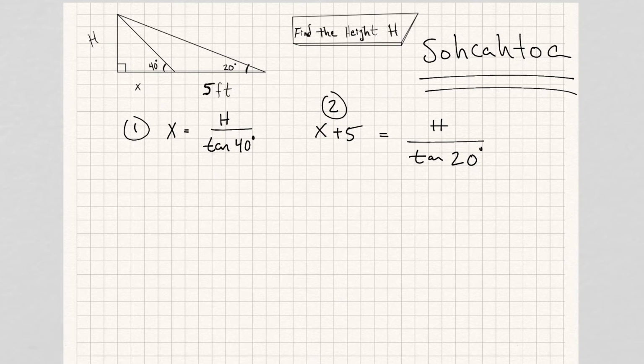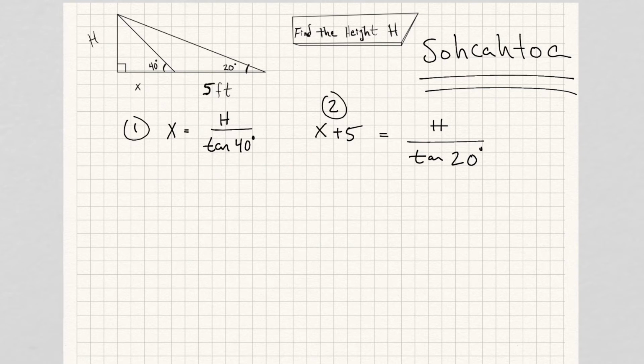You see here that in equation 1, I have solved for x. Well, here we see an x in equation 2. So I'm going to do substitution. x equals this, so I'm just going to take this and plug it in here for x. Here's x, here's an x, so I can substitute this in.